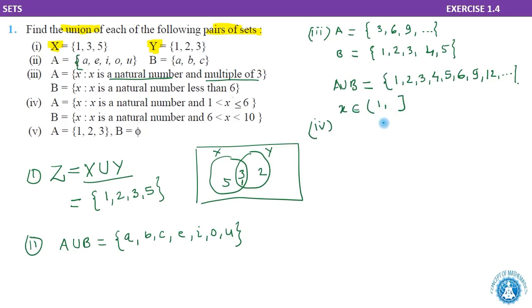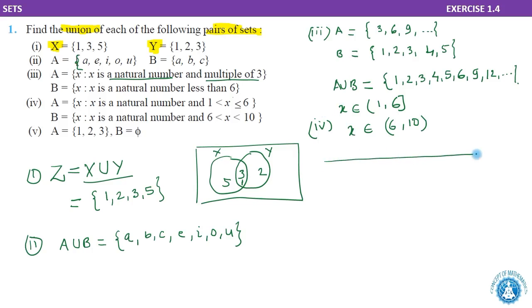The next set is B, where x is a natural number and x belongs to the open interval 6 to 10. Here it is 6. We will see some important concept of intervals here.